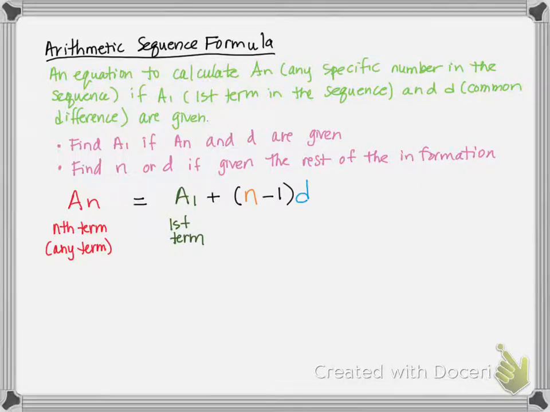N is going to be, or this whole quantity is 1 less than the number of terms in the sequence. And it may be just a portion of that sequence, right? Because the sequence can go on forever. And then, of course, we're going to be multiplying that. So I'm going to throw in d just to remind you that is an operation, the common difference, or the pattern, right?